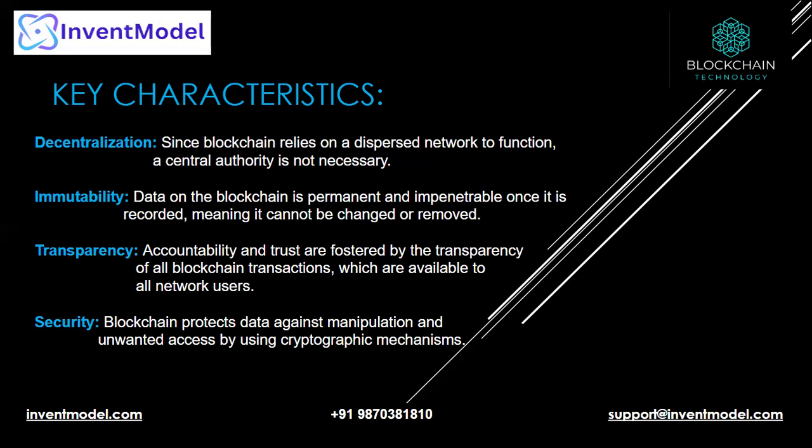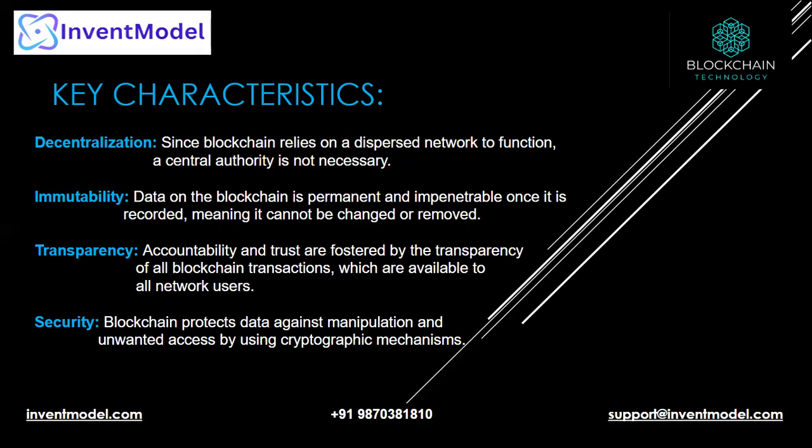Next is transparency. Blockchain allows all its participants in a network to view the same data, leading to a high degree of transparency. Every transaction is recorded on a public ledger that can be accessed by anyone within the network. While the data itself is transparent, users' identities are often protected using cryptographic techniques like public and private keys.